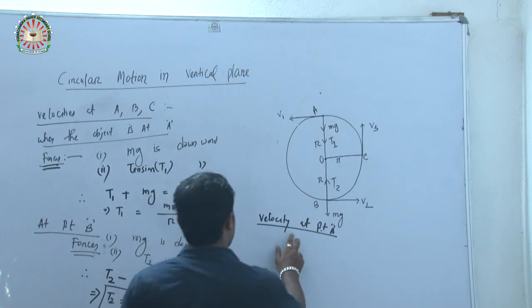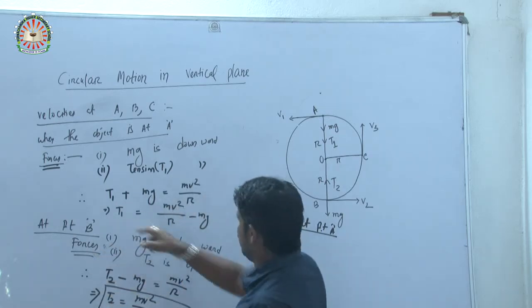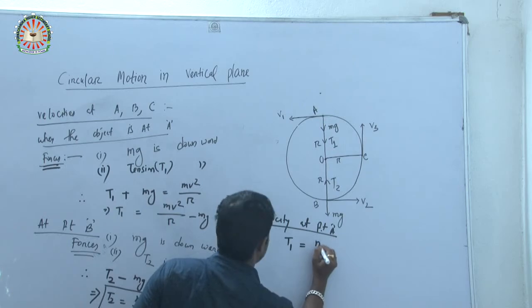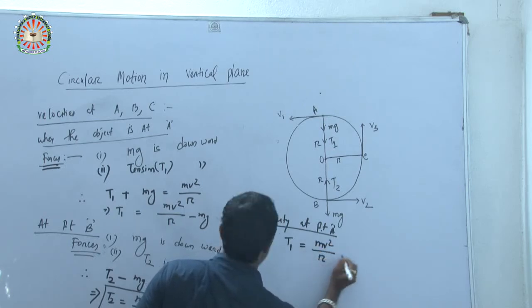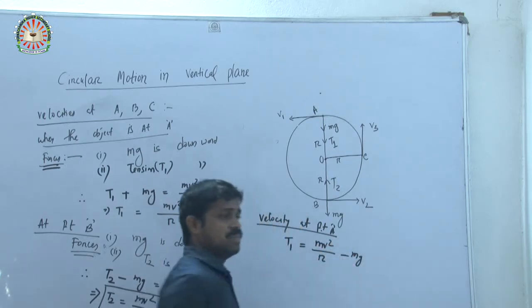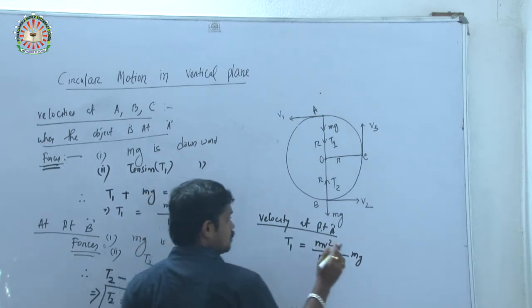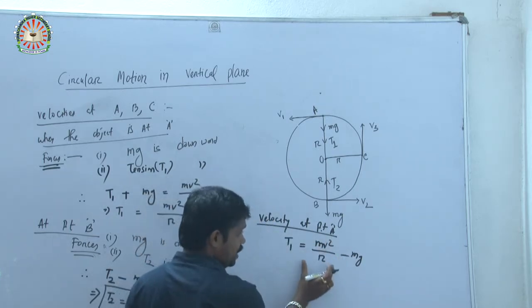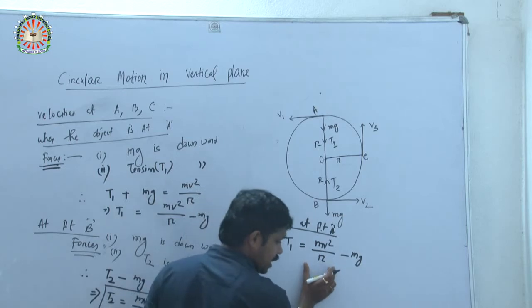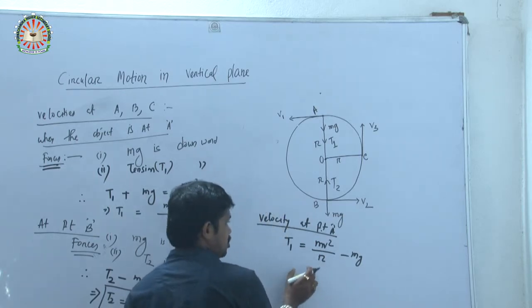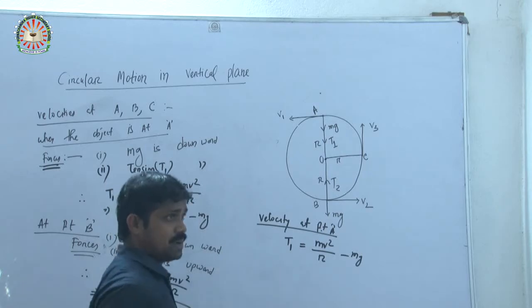So let us find out my equation. My equation at point A is this one: the tension T1 is equal to mv square by r minus mg. Very simple. Clear? Okay. So to maintain this tension, the velocity v1 should be maintained.